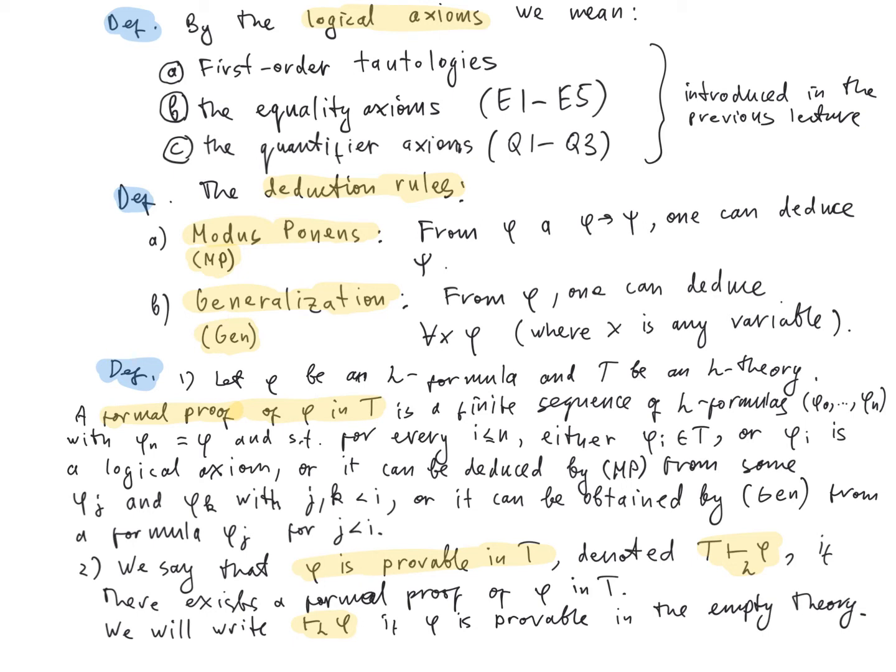And then we specify some very simple set of deduction rules, just 2 deduction rules, which again, as we will see soon, preserve universal validity. Minimality is a separate question. And then we will say that the formula has a formal proof from a given theory if we can deduce it applying only these fixed deduction rules, in finitely many steps, from the logical axioms plus those axioms that are included in the theory T.